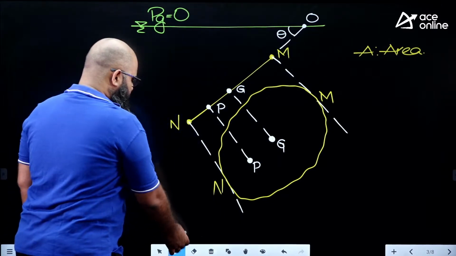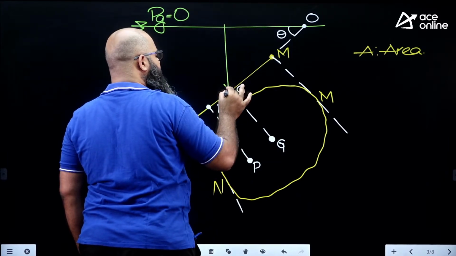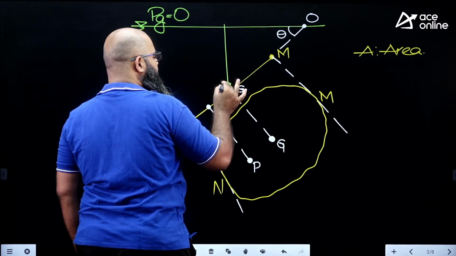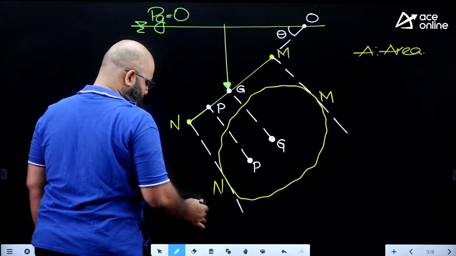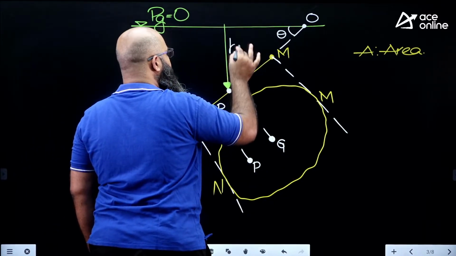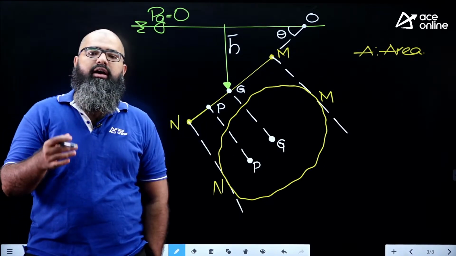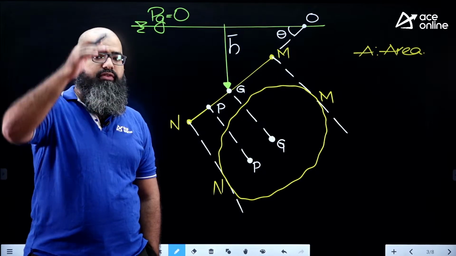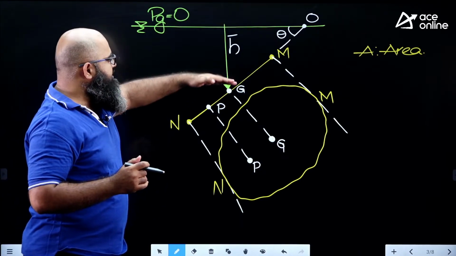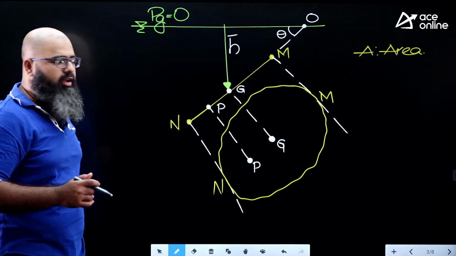If I measure the depth from interface up till here, this distance is represented by H bar. So how do we define H bar? H bar is the location of the center of the plate from the interface in a vertical direction. From zero pressure line till the center of plate, that distance is known as your H bar.